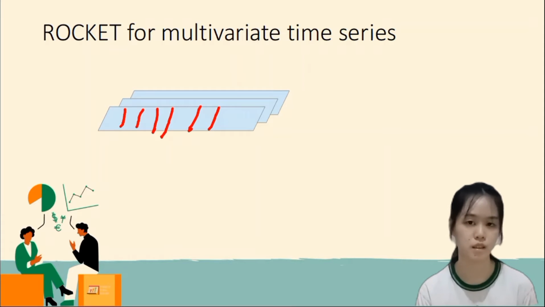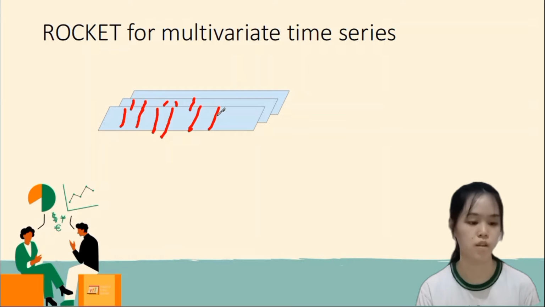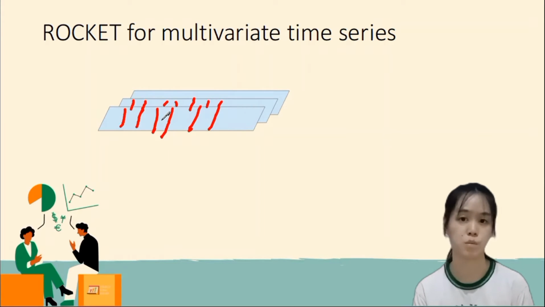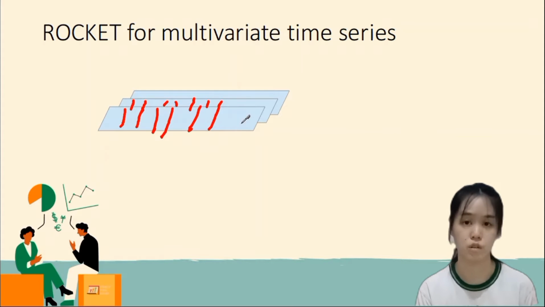So perhaps the first kernel generated has 2 dimensions. This is the same kernel, the kernel is only 1, but it has 2 dimensions, and it only does the convolutional process with the first 2 dimensions.